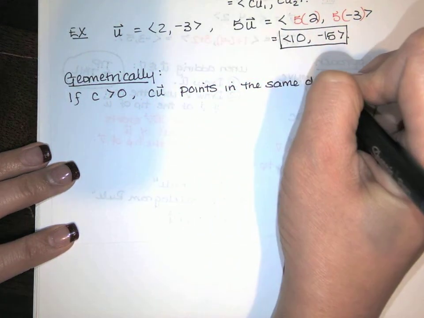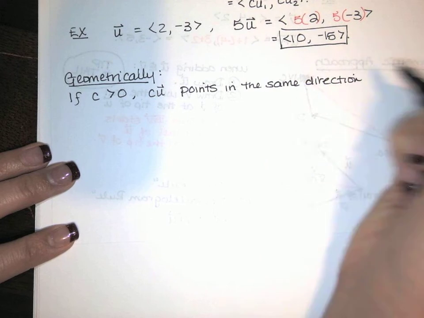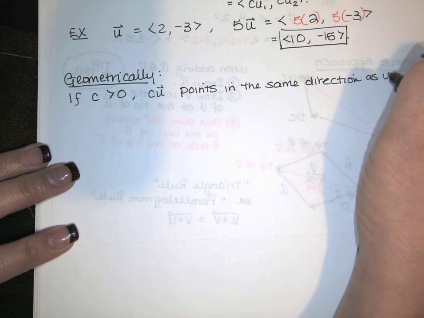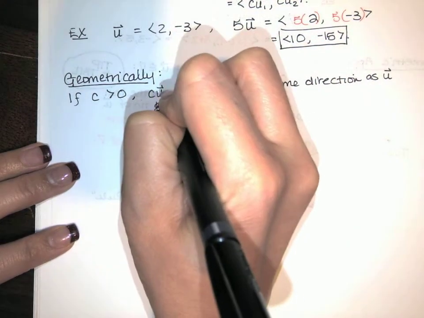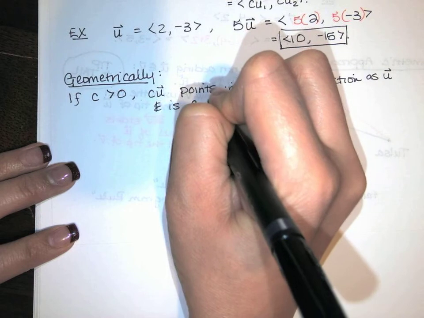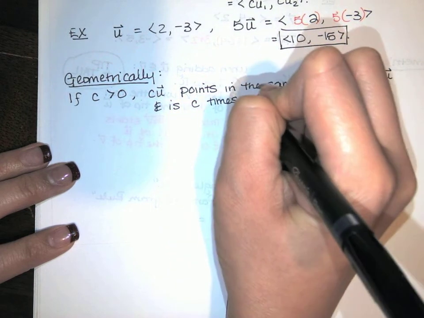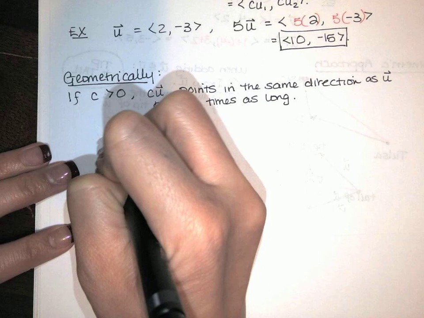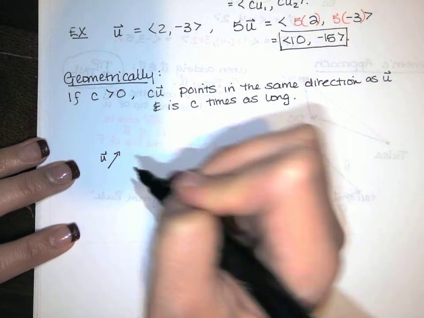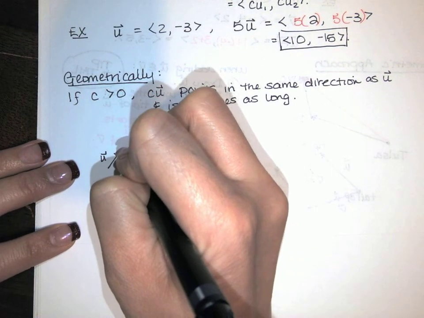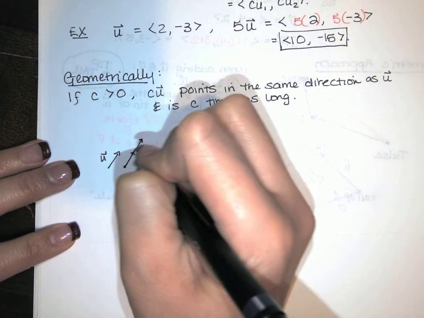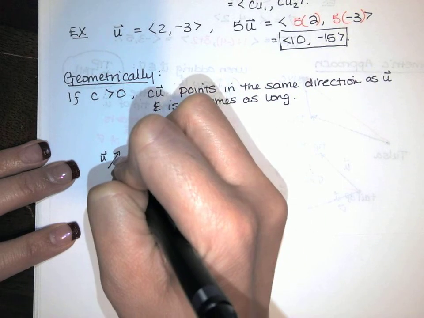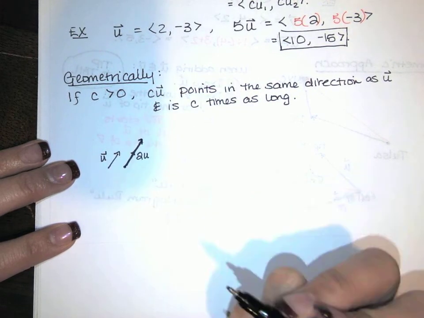So they have the same slope. And is c times as long. So if this is my vector u, 2u, it's going to be like, that's 1u, that's 2u. It's going to be the vector that goes from there to there like that.